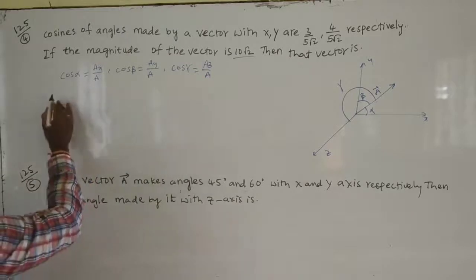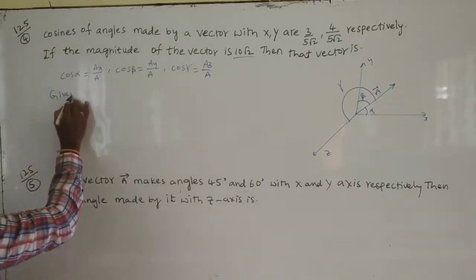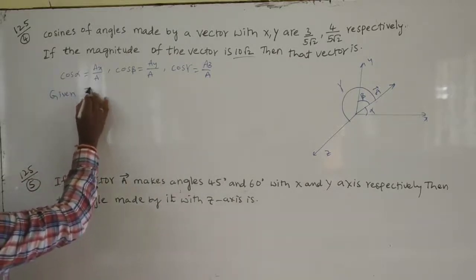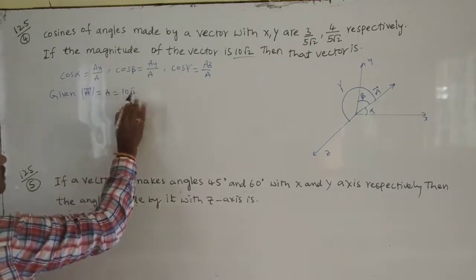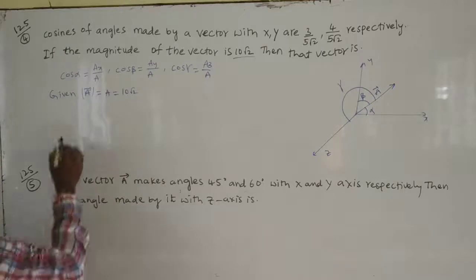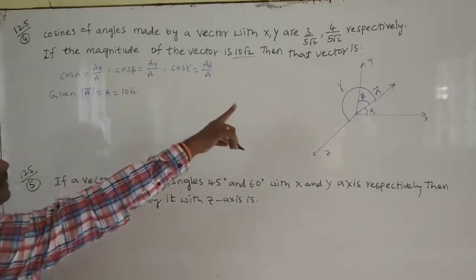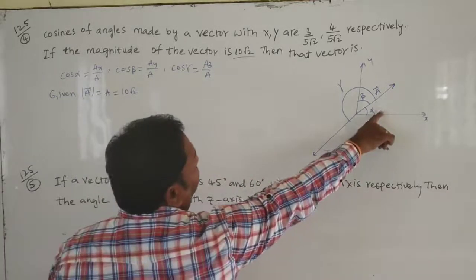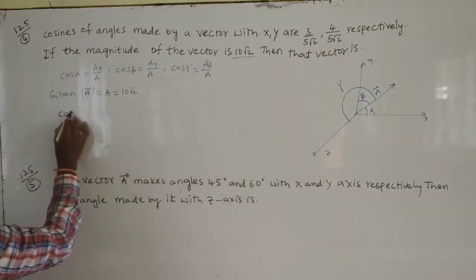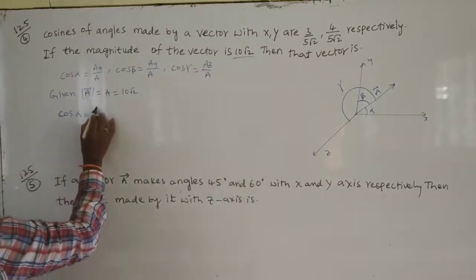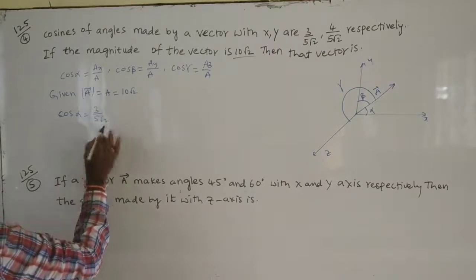It is given that the magnitude of a bar equals 10 root 2. Cos alpha equals 3 by 5 root 2.